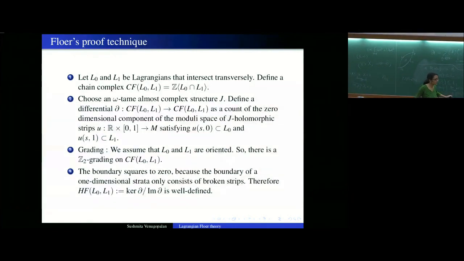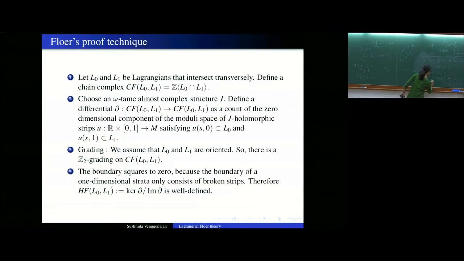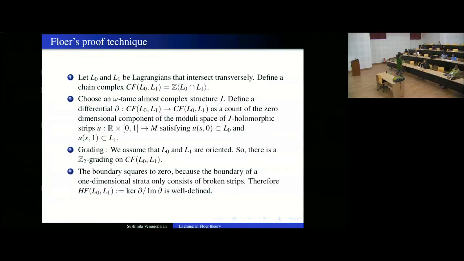So we are only considering finite energy strips. The cardinality is finite by Gromov compactness.